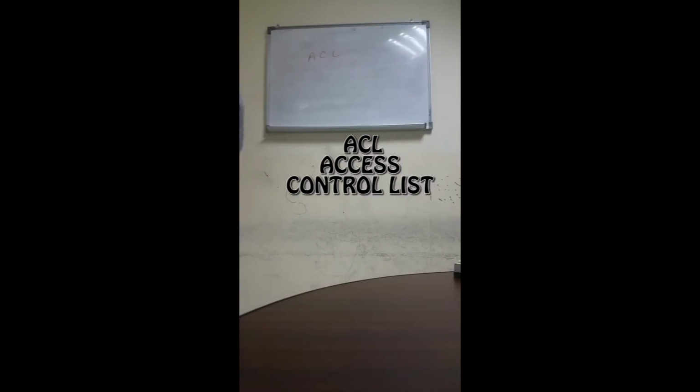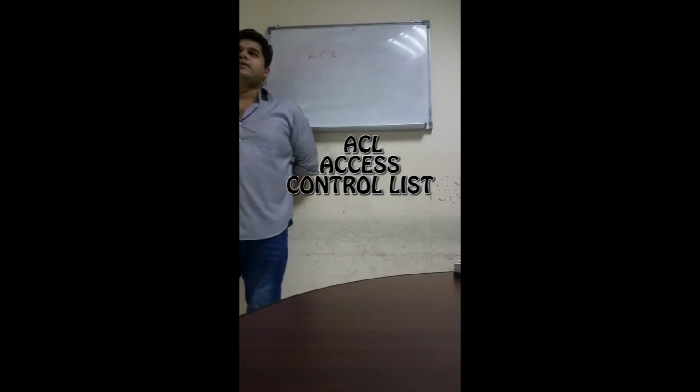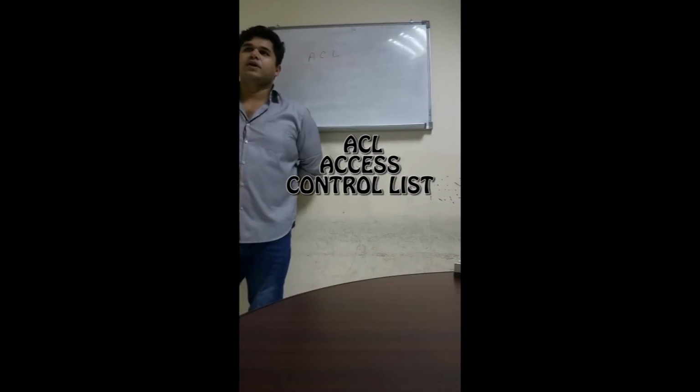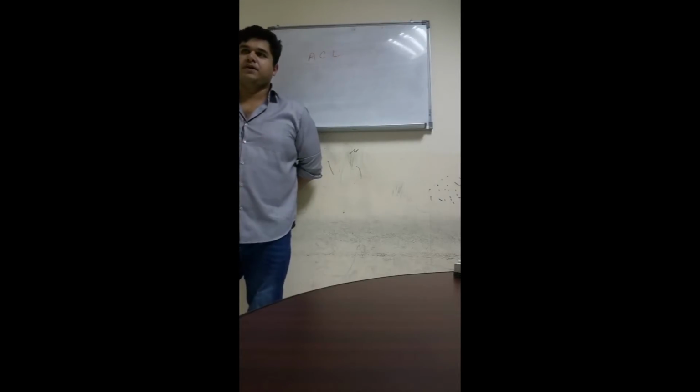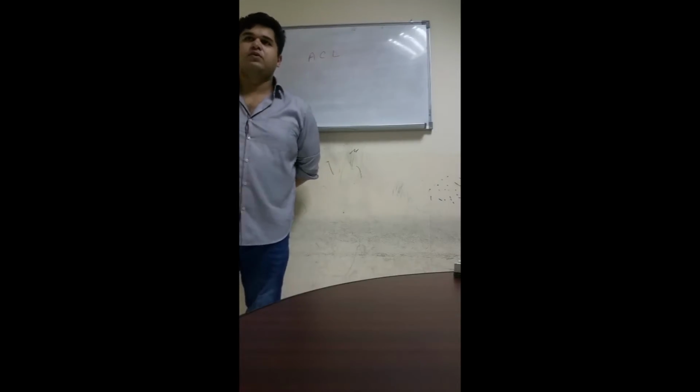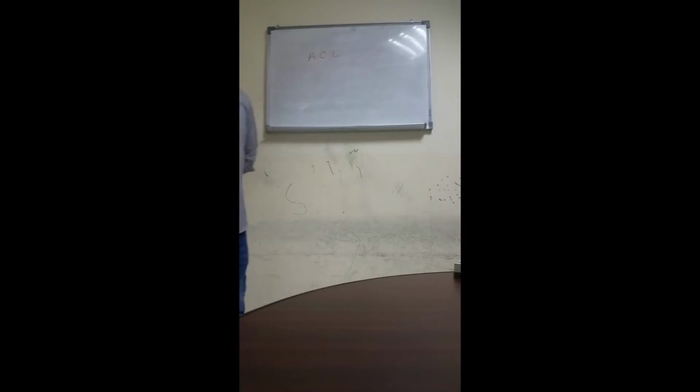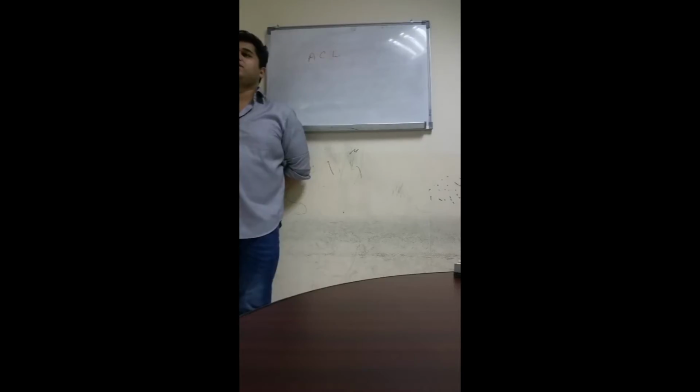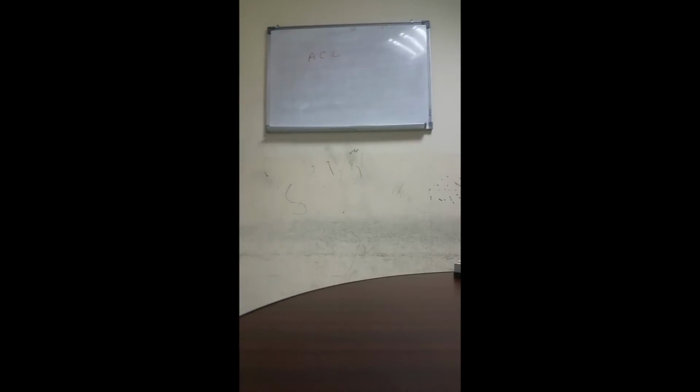If there is no access list, then any kind of traffic can pass from your router. But if there is an access list, you can control that flow, like what kind of traffic you want to pass and what kind of traffic you want to block. For that purpose we are using this.